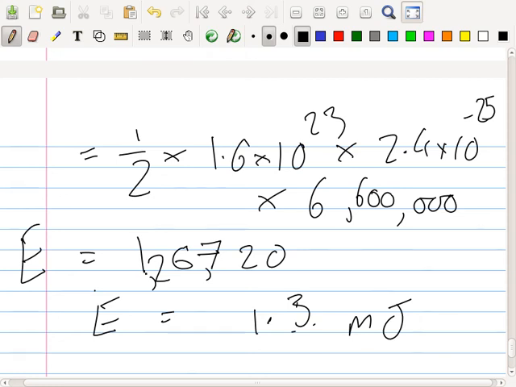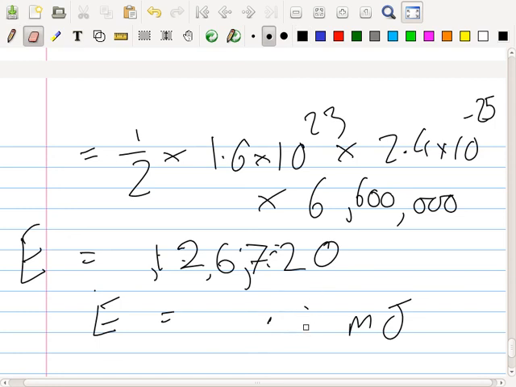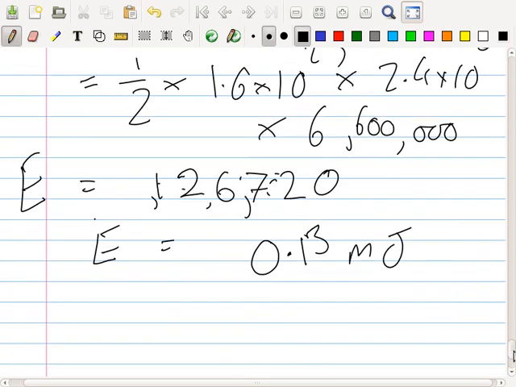Is this right? 1, 2, 6, 7, 2, 0. Okay, so actually it's not quite that big. The M means million, yeah. More like 0.13 megajoules.